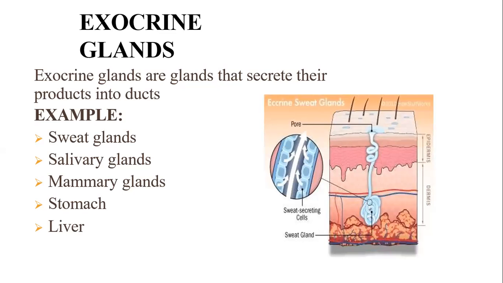So sweat secreting cells are there, they secrete the sweat into a duct, and that duct carries this sweat up to the pore which is present on the surface of skin. So secretion is carried by duct, so hence these are exocrine glands. Example sweat gland, salivary gland, mammary gland, stomach, liver, all these are exocrine glands.